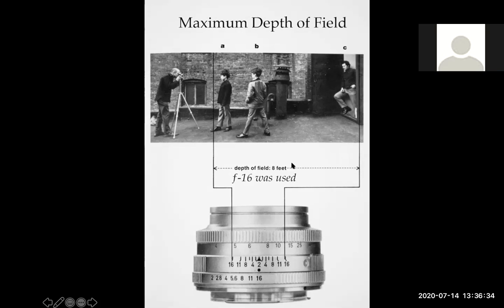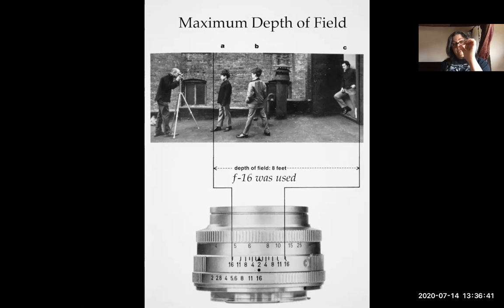So approximately 8 feet are now in focus because the aperture was stopped down, it got smaller, and the amount of space that's in focus was expanded. And now we can see the boy in the foreground in focus, and of course the point of focus, the boy in the midground, and the man in the background, all in focus because the size of the aperture was changed. Okay.